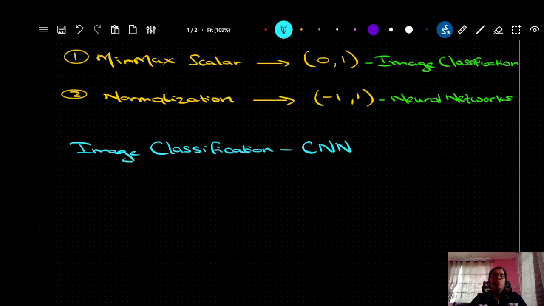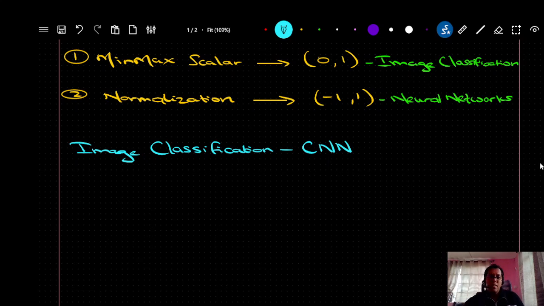Say for instance you are giving an image to your model in the CNN model, an image of a dog or a cat or even a person. The model will see the features of that image and give you an output whether it is a dog, a cat, or a person.